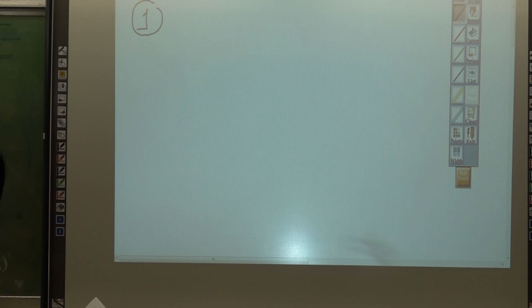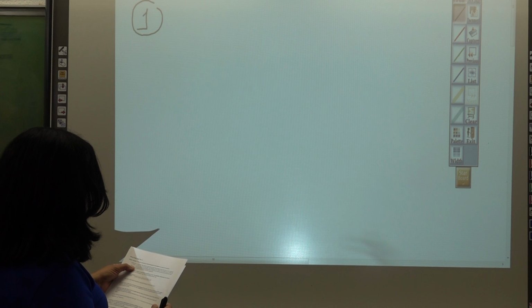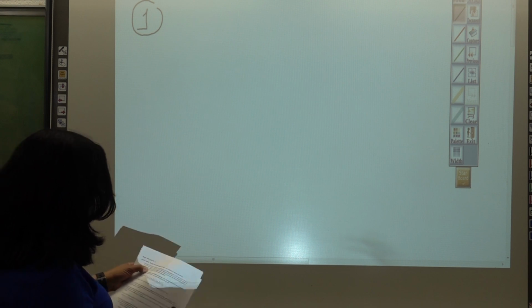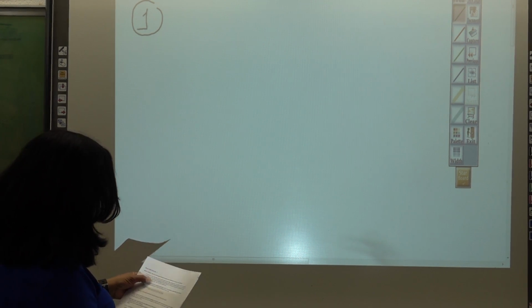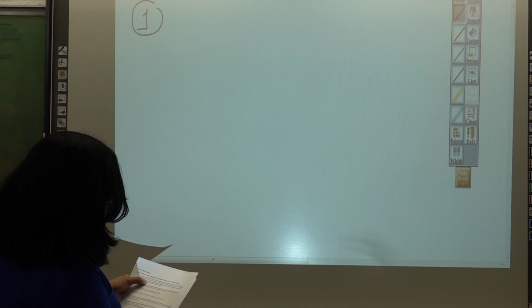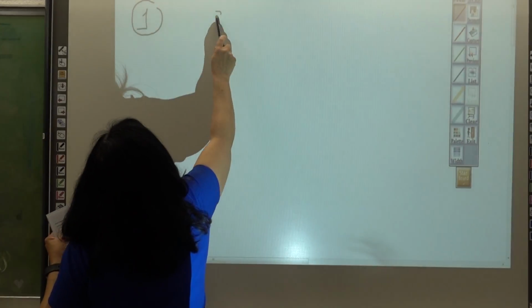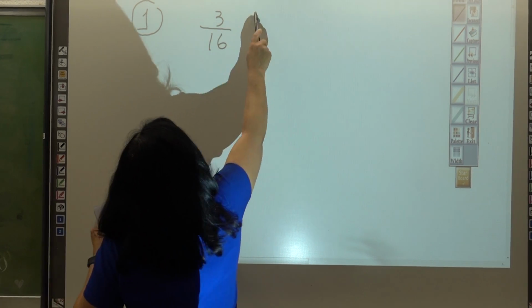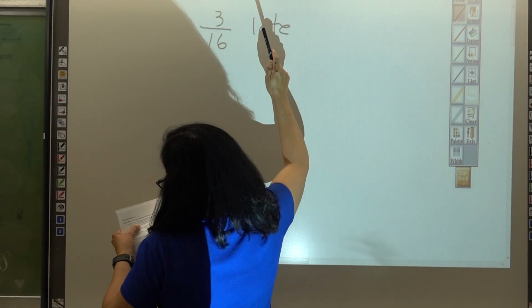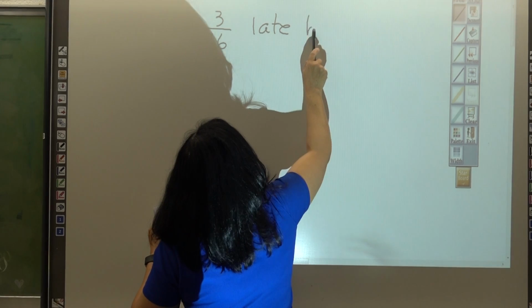So in this case, the information is 3 times out of 16, she gets late to work, when she takes a taxi. So, 3 out of 16 is late by taxi.